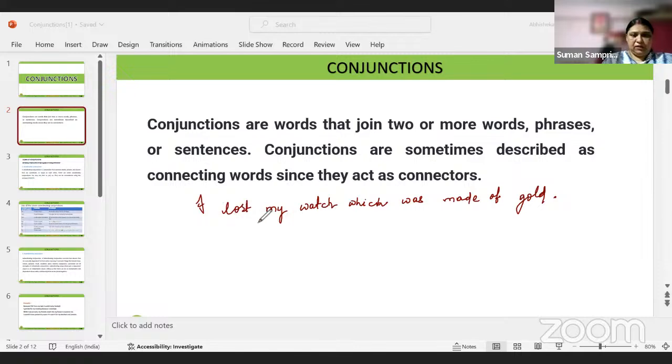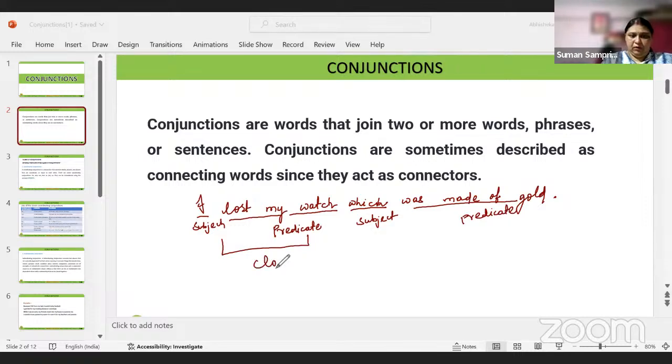So in this case, you will find out that we have one subject here, and this entire part is called the predicate. You will find in this sentence another subject, and this part is again a predicate. So this is one clause, and this part is another clause. Okay, clause 1, and this is, let us say, clause 2.